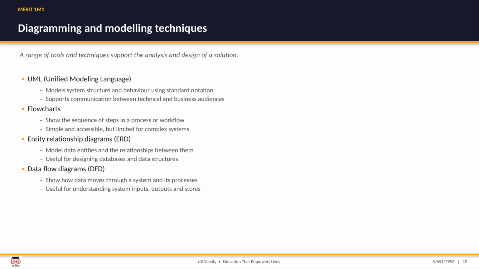Flowcharts show the sequence of steps in a process, simple and accessible but limited for anything complex. Entity relationship diagrams, or ERDs, model data entities and how they relate, which is ideal for database design, while data flow diagrams, DFDs, show how data moves through a system, its inputs, outputs, and stores.